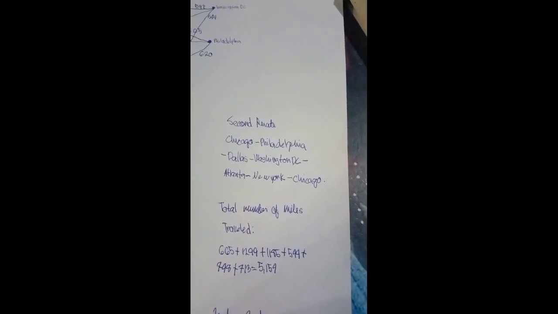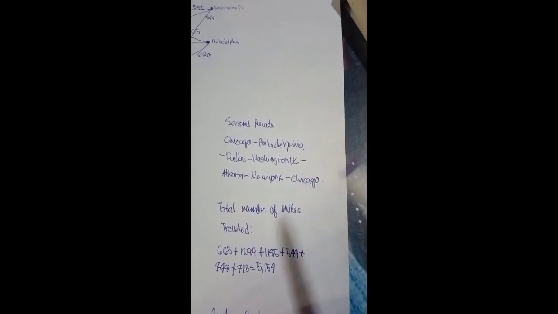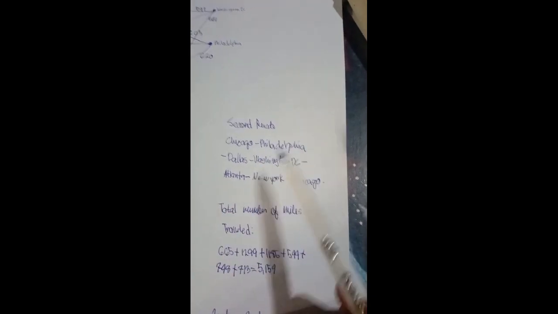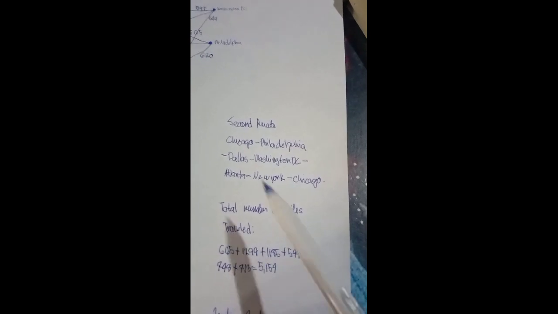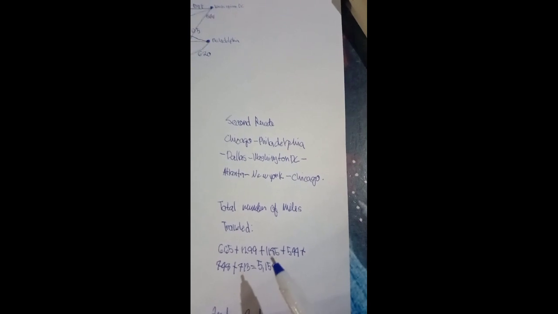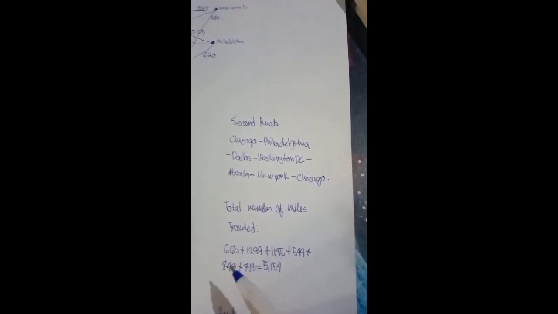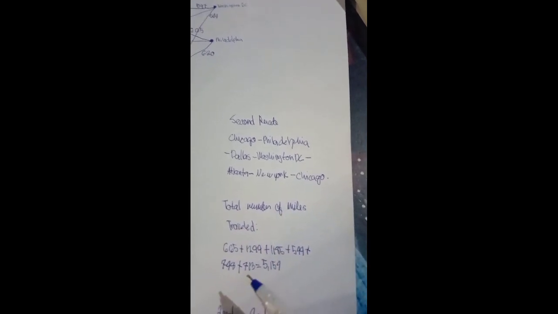Now for our second route, we have Chicago to Philadelphia, that is 665, and Philadelphia to Dallas, that would be 1,299, and Dallas to Washington DC, 1,185, then Washington DC to Atlanta, 544, and Atlanta to New York, 748, and New York to Chicago is 713.